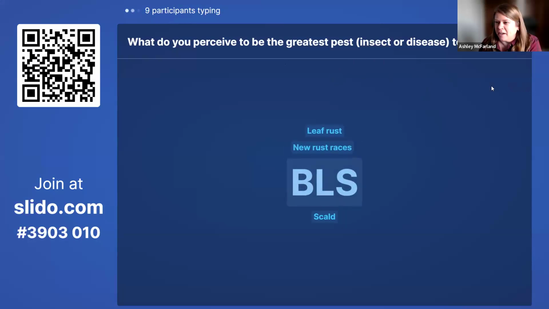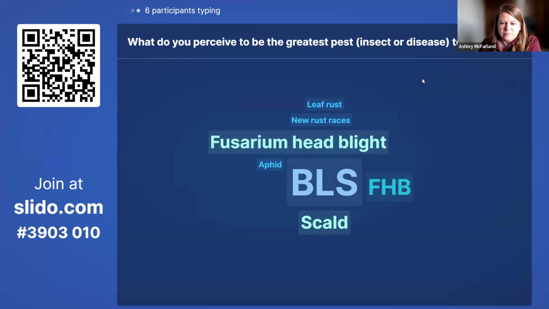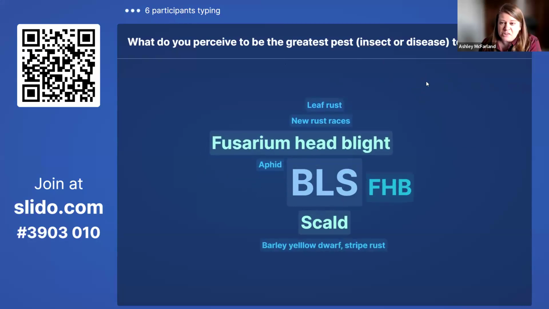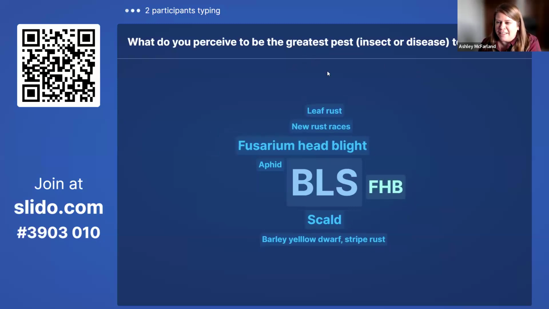This is a word cloud, so the more something gets typed in, the larger it will be. It's interesting, last year when we did this, I said we could only say things that were not Fusarium head blight, but this year I decided to put that in there because obviously that's a tremendous concern still.